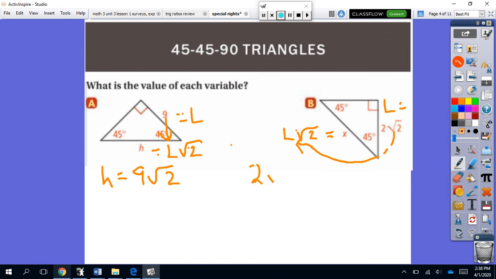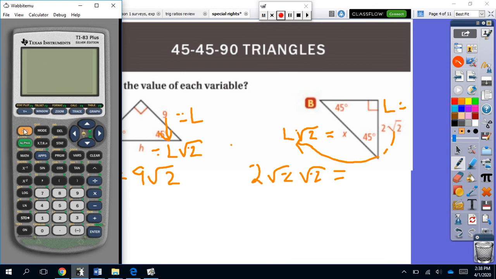So that's going to look a little funny: 2 square root of 2 times the square root of 2. Well, what's the square root of 2 times the square root of 2? Let's plug that in.